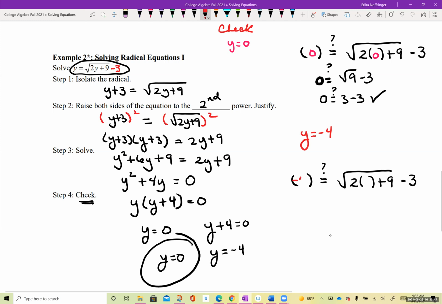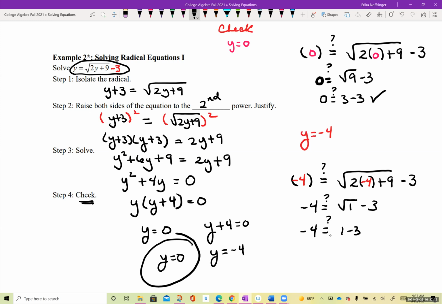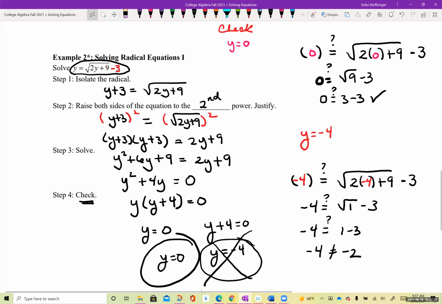So replacing negative 4 inside the parentheses, let's simplify and see if that works. So is negative 4 equal to, well, 2 times negative 4 underneath the radical, that's negative 8 plus 9. So that would give me the square root of 1 minus 3. So is negative 4 equal to 1 minus 3? And that's false. Negative 4 does not equal negative 2. And so since that's not a true statement, negative 4 is not part of our solution, and y equals 0 is the only solution to that equation.